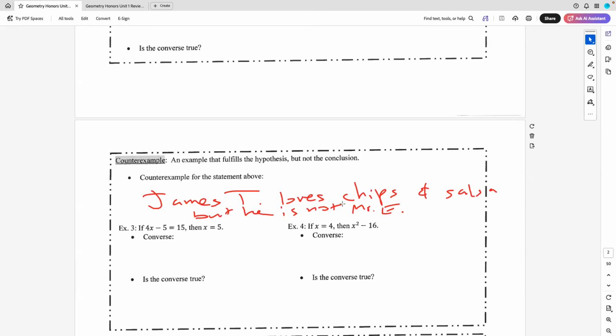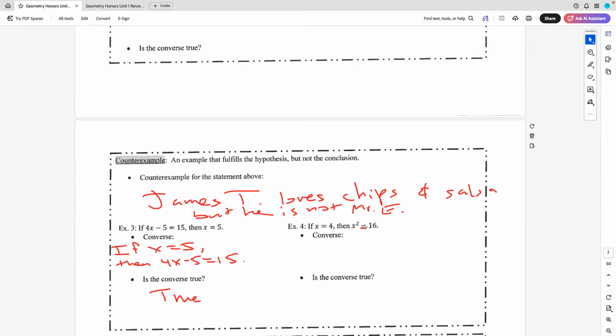For example, if 4x minus 5 equals 15, then x equals 5. What's the converse? If x equals 5, then 4x minus 5 equals 15. It's true. So sometimes it could work. Here's another: if x squared equals 16, then x equals 4.